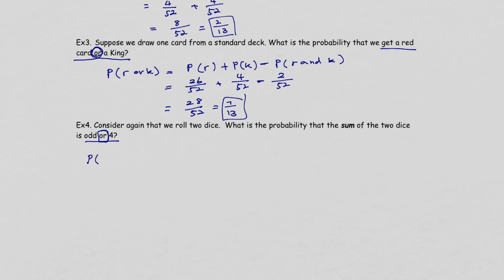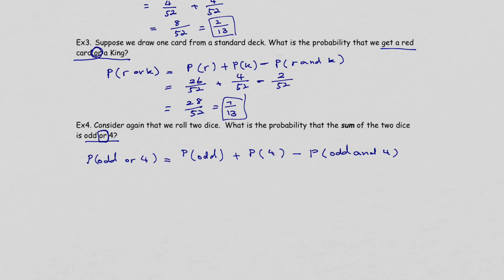So the probability of getting odd or 4: you want the probability of getting odd plus the probability of getting 4. And if this is not an exclusive event, you're going to subtract the probability of odd and 4.